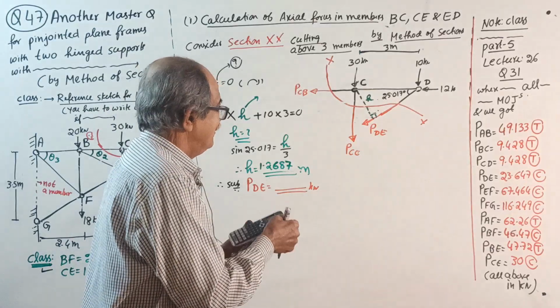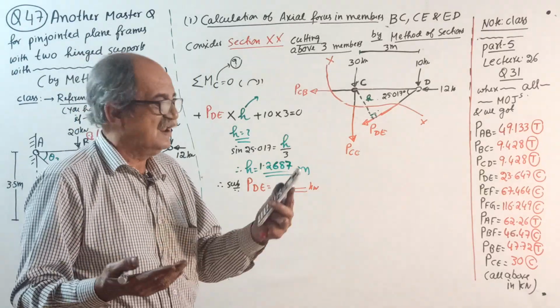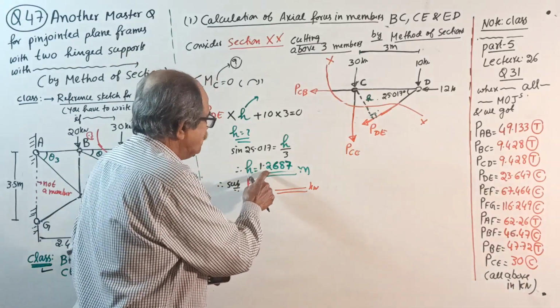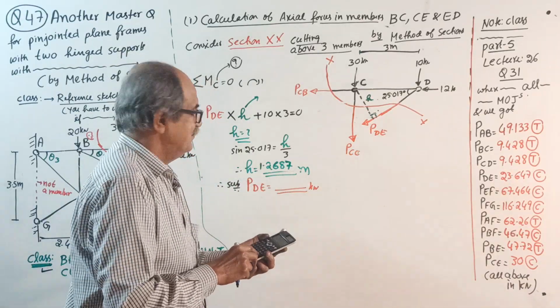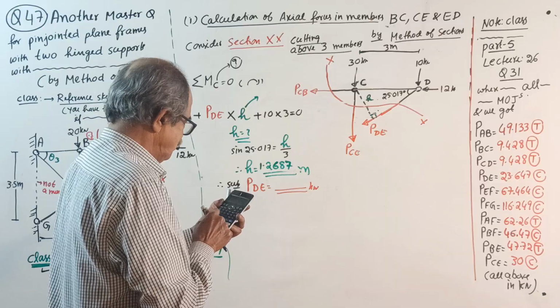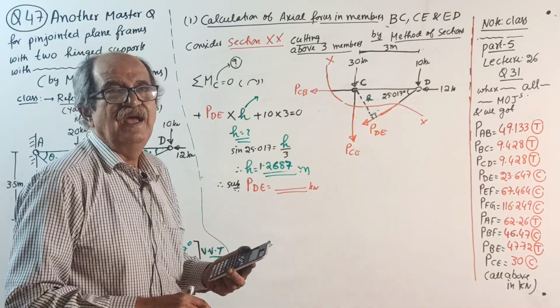So, see, these mistakes are human nature. I saw correctly there, when I wrote 1.2867. Okay, then 10 into 3 divided by 1.2687 equals, see, I will tell you one thing.